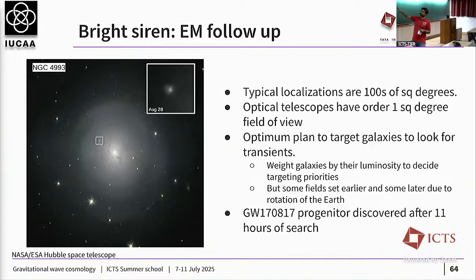Within the localization region of GW170817, it tried to search for all sorts of possible transient events, so as to rule out that this is an imposter. Okay. So there was a lot of activity which led to the understanding finally that indeed this is the counterpart that we are looking for.